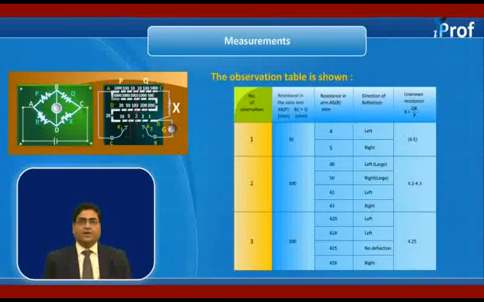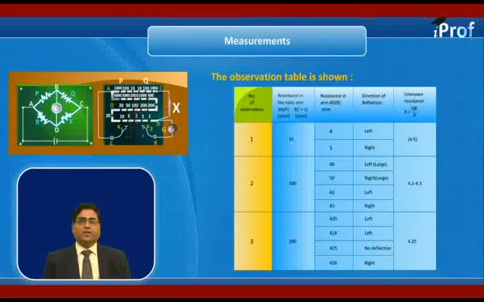Suppose now at R equal to 42, we are getting deflection towards left, and at R equal to 43, deflection is toward right. So R belongs to 42 and 43.